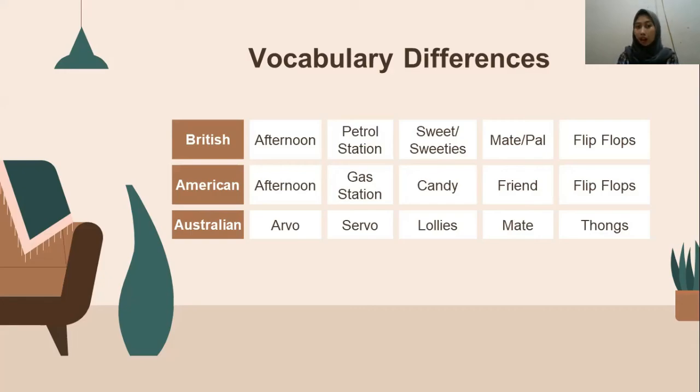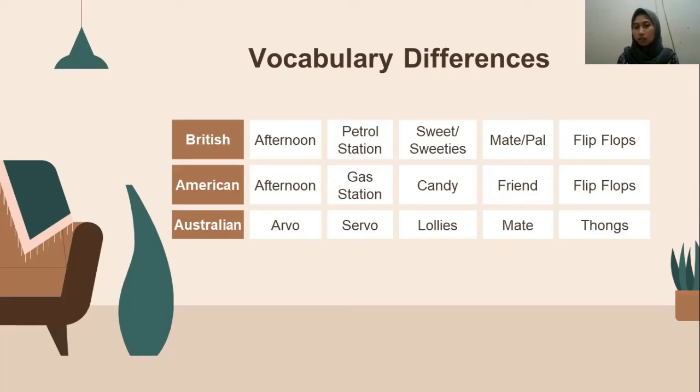We have afternoon in British, afternoon in American, and half arvo in Australian. In British, petrol station; in American, gas station; and in Australian, servo. In British, sweets; in American, candy; and in Australian, lollies.